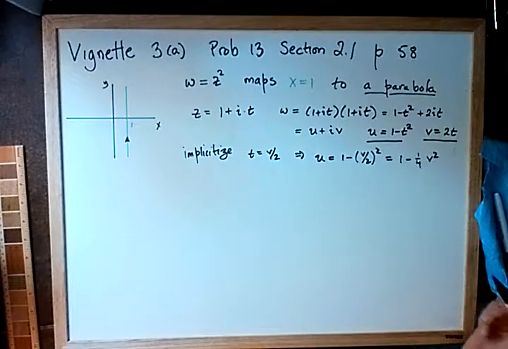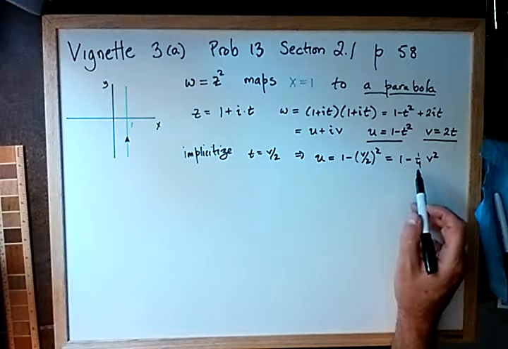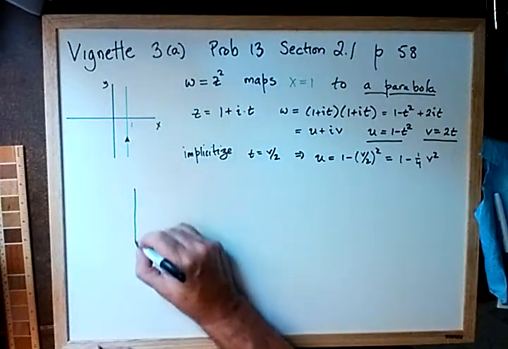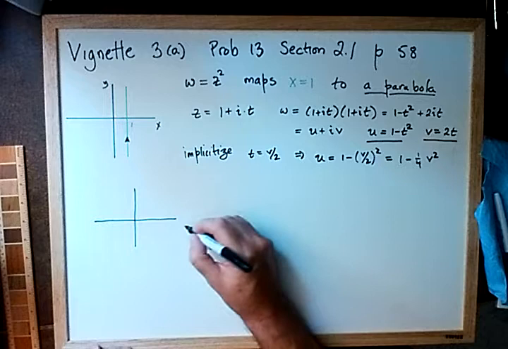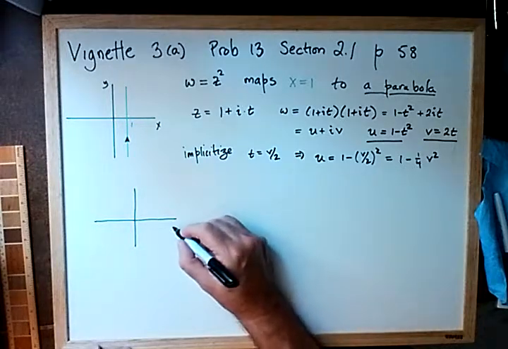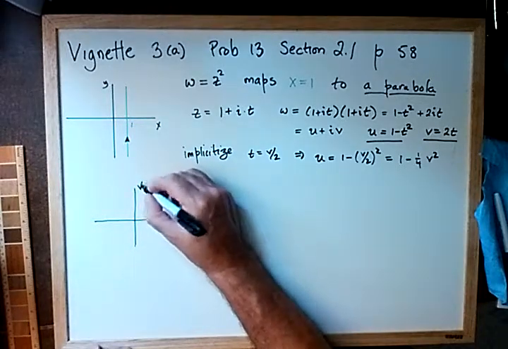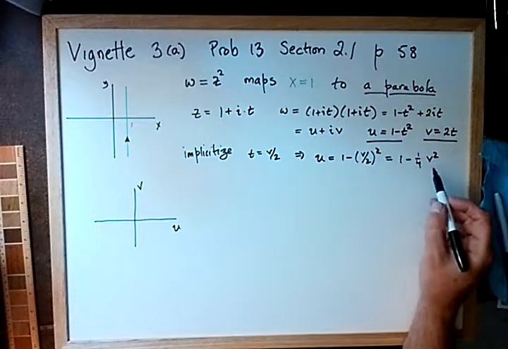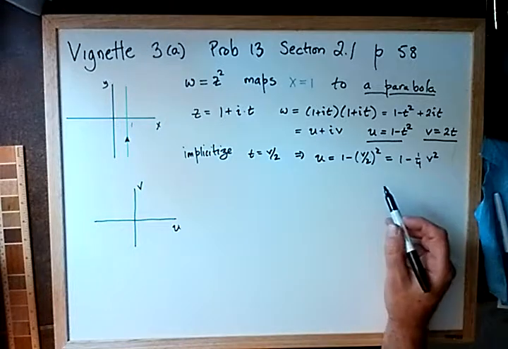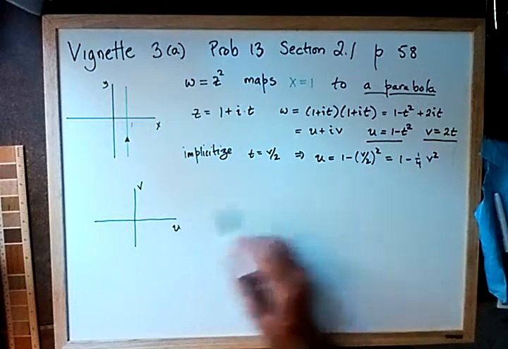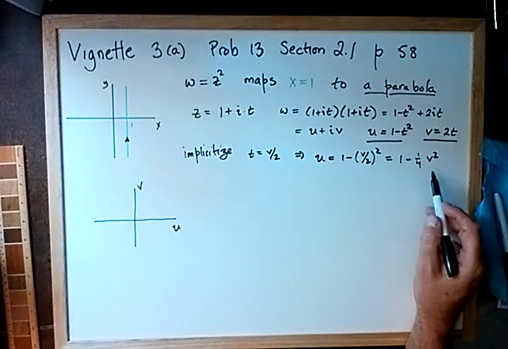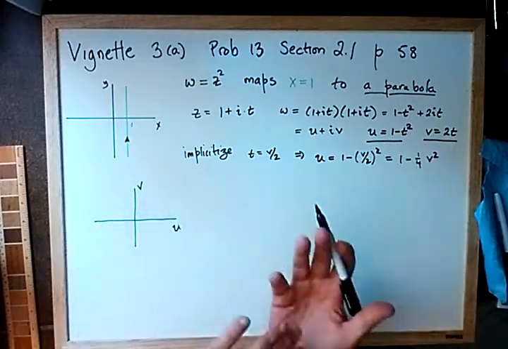It's clearly a parabola. And we like our axes, the real axis and the imaginary axis, to be written that way. So the question is, what kind of parabola is this? Well, this is like x is 1 minus 1/4 y squared. So that's a parabola that's going to be opening horizontally.